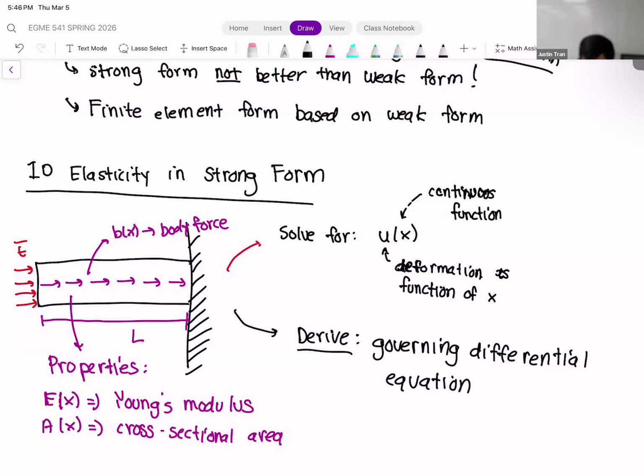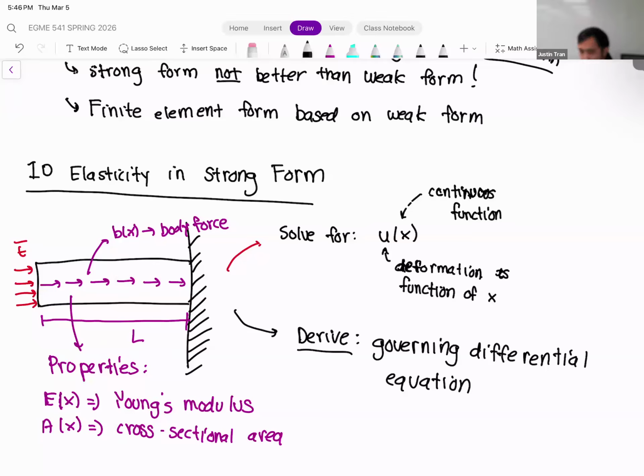First of all, we already have our geometry, or domain, which in this case is the bar. And we have our boundary conditions. On the left-hand side of this bar, we have some kind of applied compressive force, and on the right-hand side, we have a fixed support. So we know exactly all the external effects. The only thing we need to complete our boundary value problem is our governing differential equation.